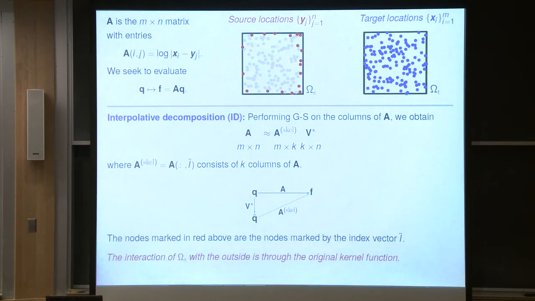Right. So I pick the column that corresponds, in practice, to the source location that's the closest to the targets. That's the first one I pick. Then I orthonormalize everything with respect to that. So say I pick this guy as the first one. Then the next one I'm going to pick is not going to be this one, because the signal that the guy very close to it sends to the targets is very, very similar.